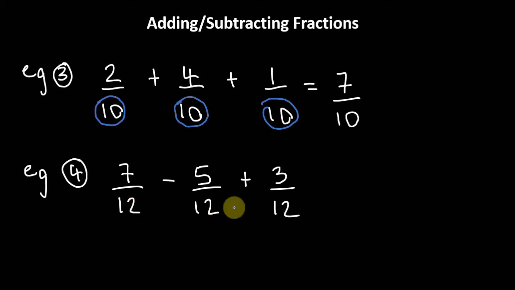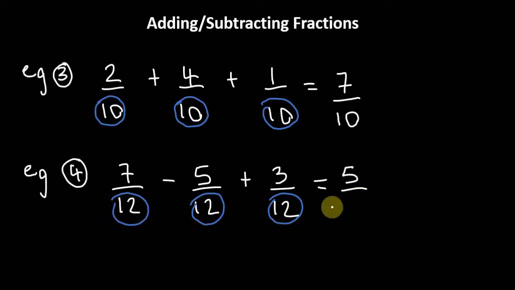Once all the denominators are common, as we see here, we can just subtract and add the numerators respectively. So 7 minus 5, of course, that's 2. 2 plus 3, that's 5. So I'll have 5 here over the common denominator, which is 12.